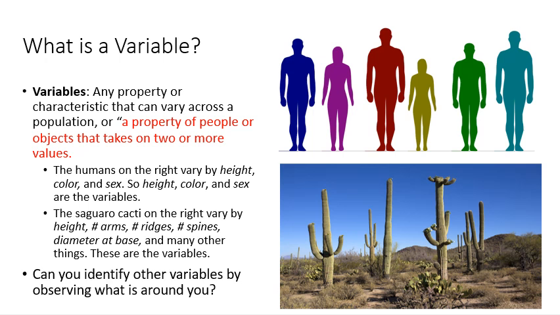We could measure their height. We could count how many arms they have, how many ridges each one has, how many spines each one has, what is their diameter at the base, and many other things. So those are the variables that a researcher might consider. If you look around you, you can probably identify variables yourself.